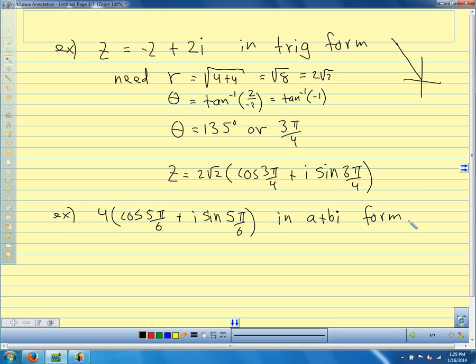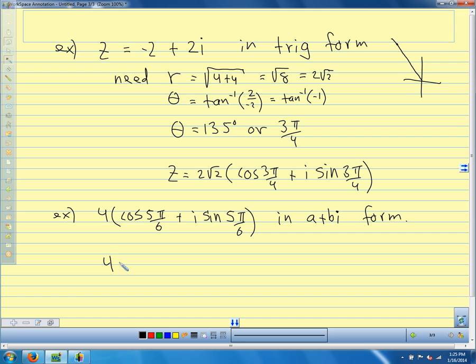A plus bi form, you might hear it called standard form. You might hear it called rectangular form. So when you see those two other names, I think our book always calls it a plus bi form. So we just want to do this conversion.